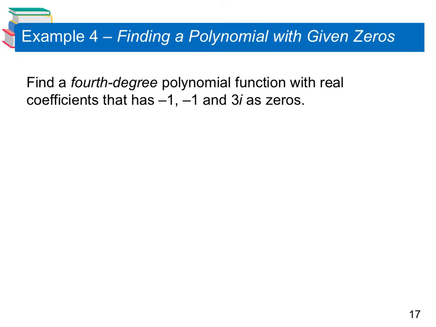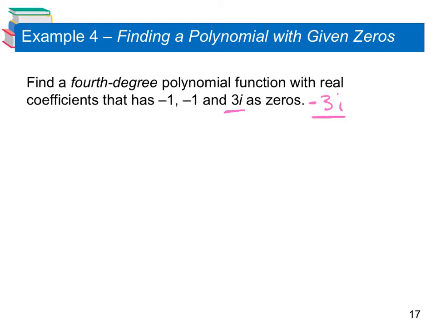So looking at our first example, we need to find the 4th degree polynomial function with real coefficients that has -1, -1, and 3i as zeros. If we have 3i as a zero, we need its conjugate to also be a zero. So our 4th zero here is -3i.